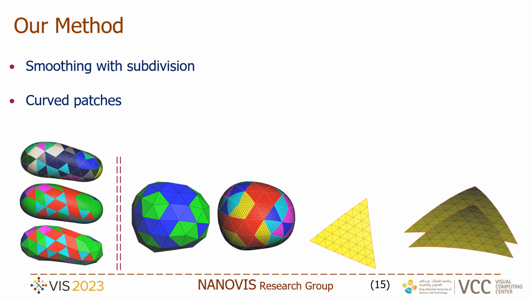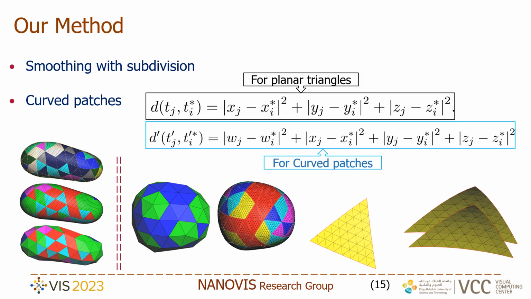As an additional step, we also have smoothing with subdivision to get smoother results. The triangle subdivisions provide us curved faces instead of planar triangles. For the curved faces, we use an additional fourth axis to calculate the degree of dissimilarity between two patches. This fourth axis indicates the curvedness of each patch.